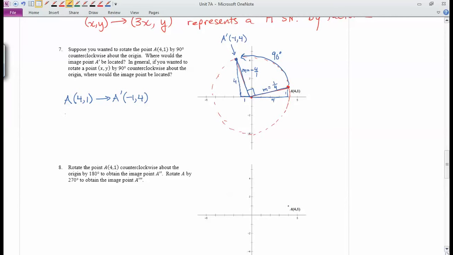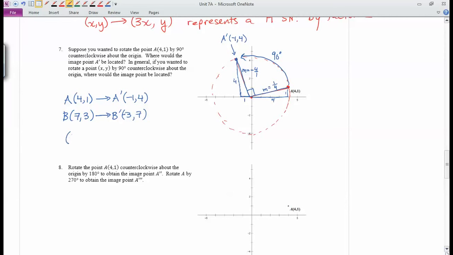So let me make up another point. What do you think would happen to 7, 3? Well, notice the x and the y's kind of got switched here. So if I switch them, I get 3, 7. But then notice the 1 became negative, so the 3 in this case would become negative.